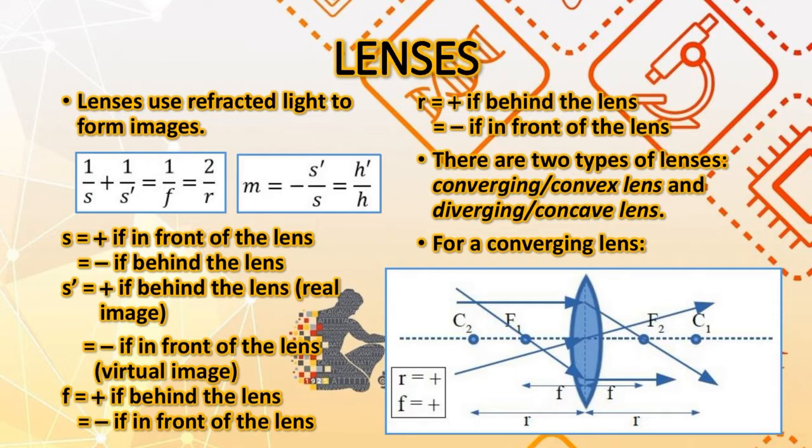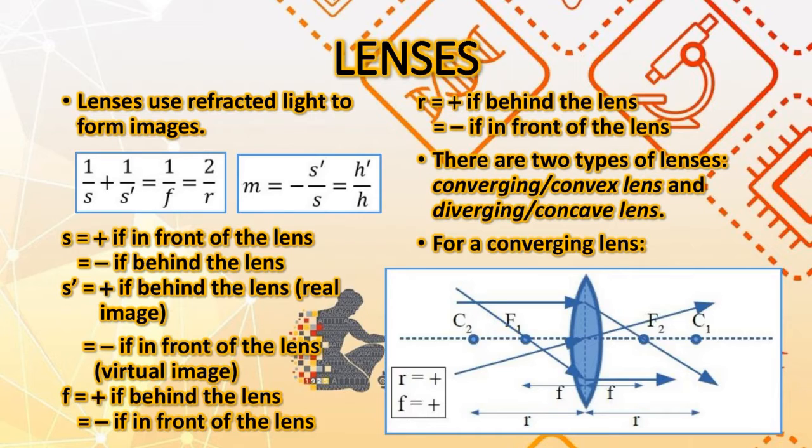Focal length f is referring to the location of the secondary focal point, capital F2. If f is positive, F2 is located behind the lens. And if f is negative, F2 is located in front of the lens.